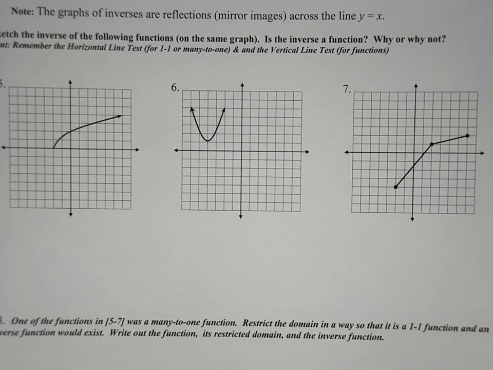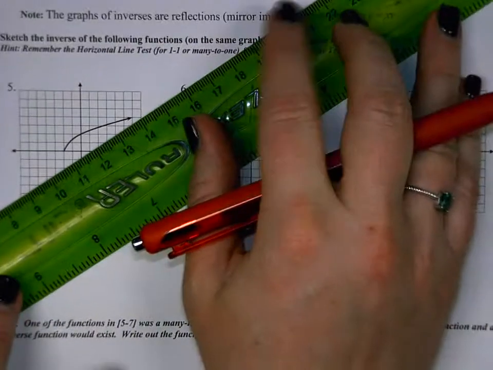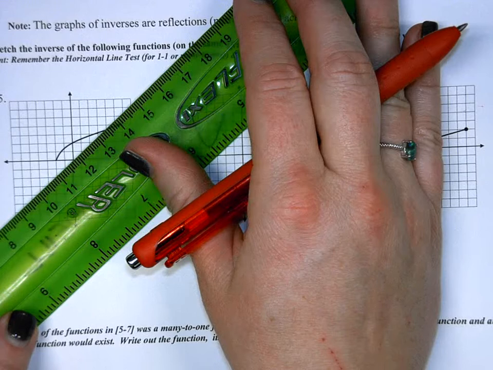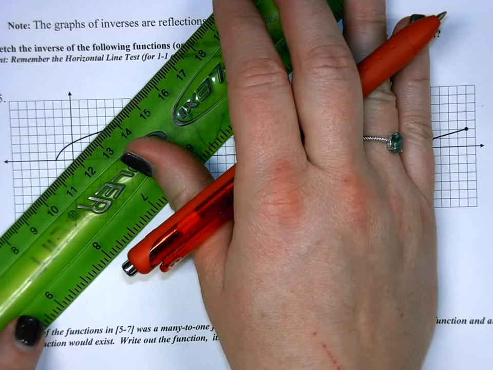So let's go ahead and do the first one here. They gave us the original already. So I'm going to draw my reflection line, which is y equals x.